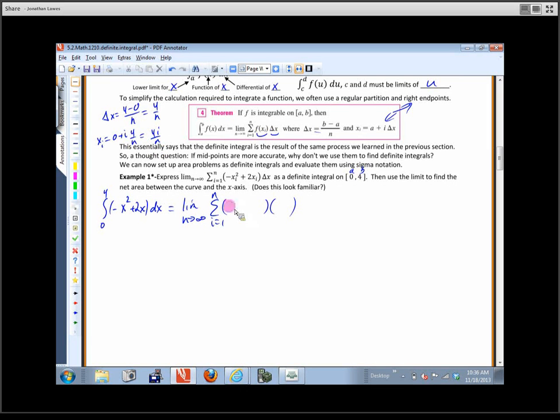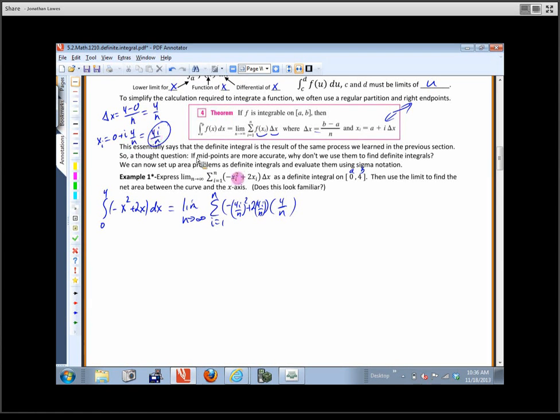Okay. So this is going to be negative 4i over n quantity squared plus 2 times 4i over n, and then times 4 over n. Any questions there? Here's my right endpoint.